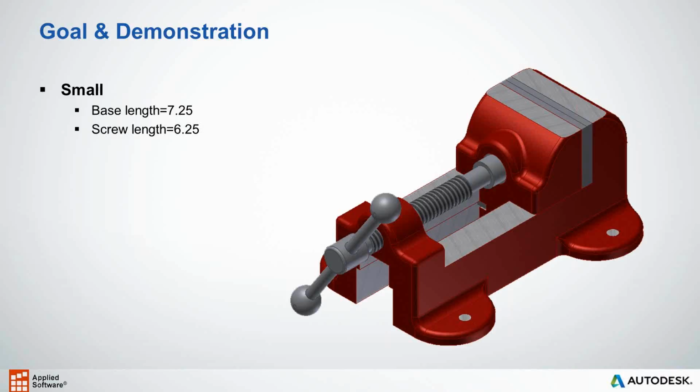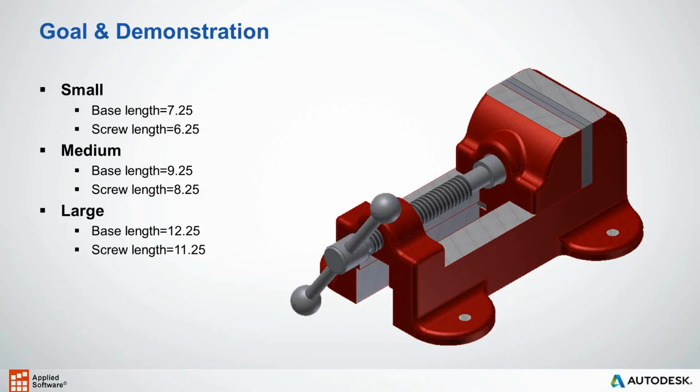I also need the ability for a medium-sized vise, and you can see the dimensions needed for that configuration, and also for the large vise. You'll notice the only parameters that we are changing are just the length of the base and screw. Those are the only ones we're going to utilize within this assembly.